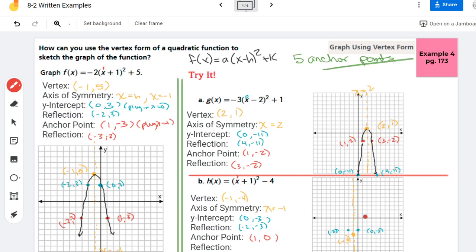So that's really nice because that gets me an x-intercept, which we always like. 1, 2, 3, 4. Sorry, I'm second guessing myself on my drawing, making sure that it looks right. There we go. And so my reflection then would be at (-3, 0).